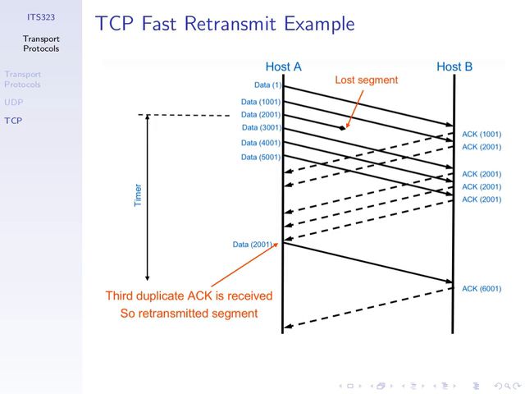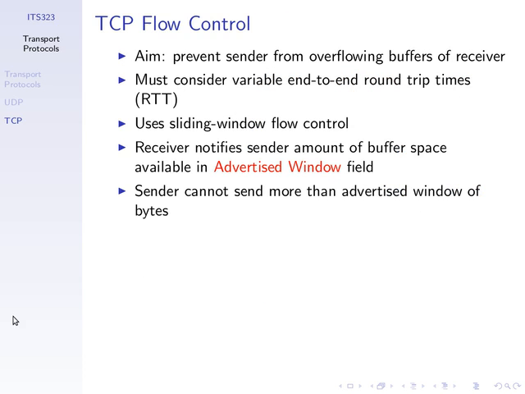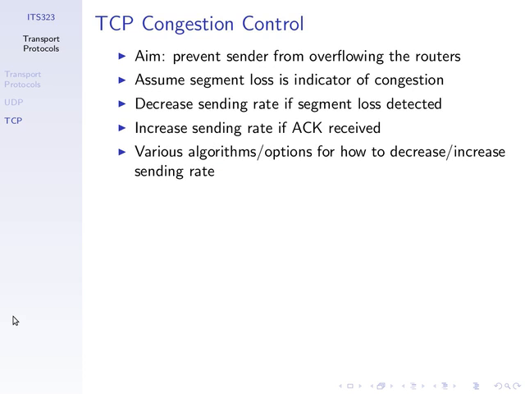So that's the basics of error control in TCP. There's flow control mechanisms to prevent the source from overflowing the buffer at the receiver. And there's congestion control mechanisms to prevent the source from overflowing the routers in the internet.